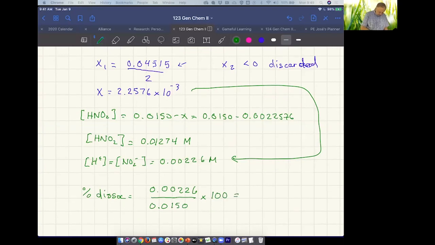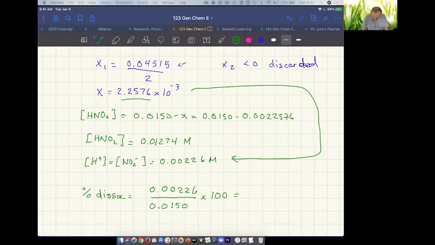Okay, so let's go. 0.002256, I'm taking this amount here more accurately, divided by 0.015 times 100, and I get 15.05.